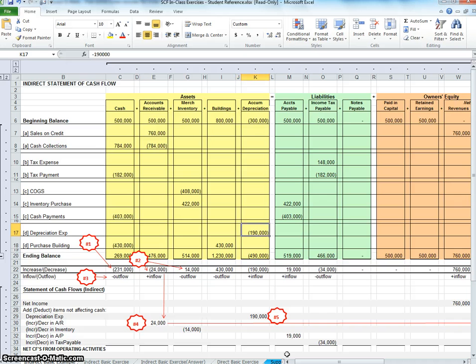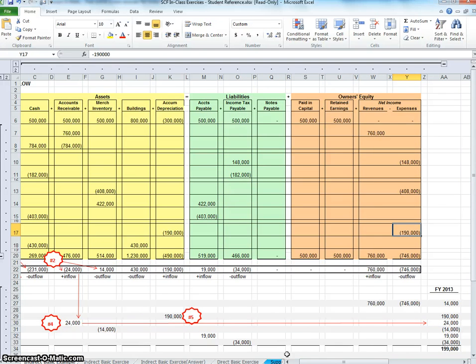Now let's look at what we did for depreciation. Depreciation has a negative 190, because this is a contra asset account, so it's kind of counting against the value of the buildings. And then we have expenses, which is the depreciation expense. So again, we have negative 190, we have negative 190, our accounting equation is in balance.